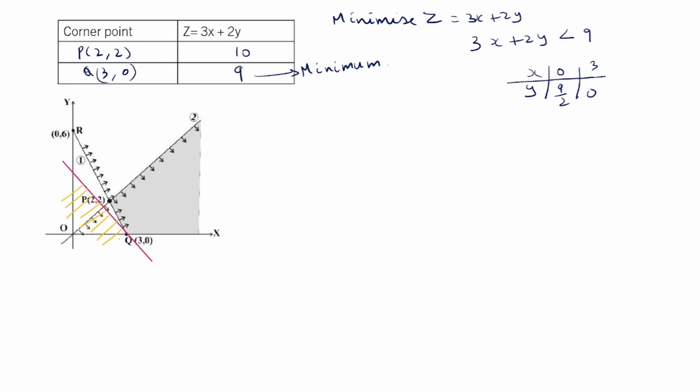So here again we can see that 3x plus 2y less than 9 passes through the corner point Q(3, 0) without interfering with the feasible region. So the corner point Q(3, 0) minimizes z.